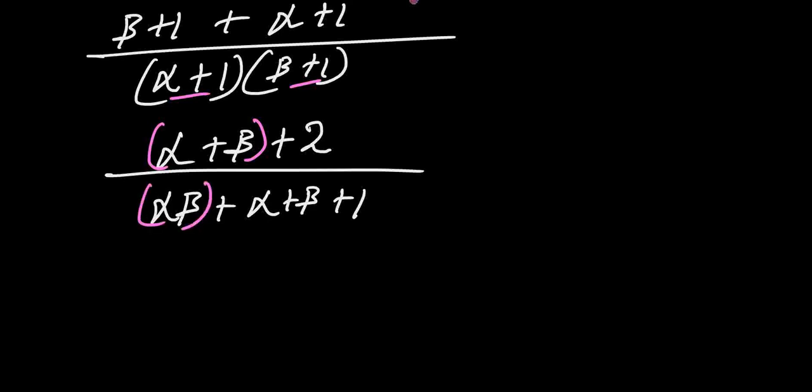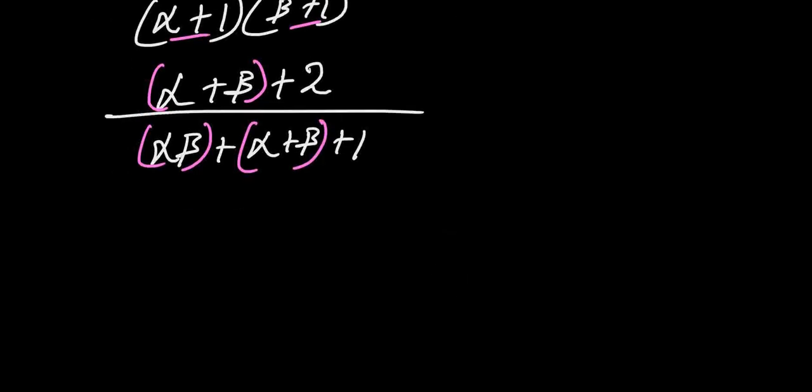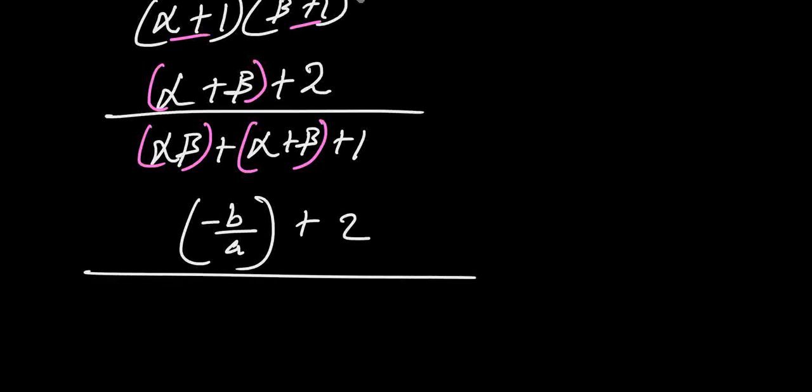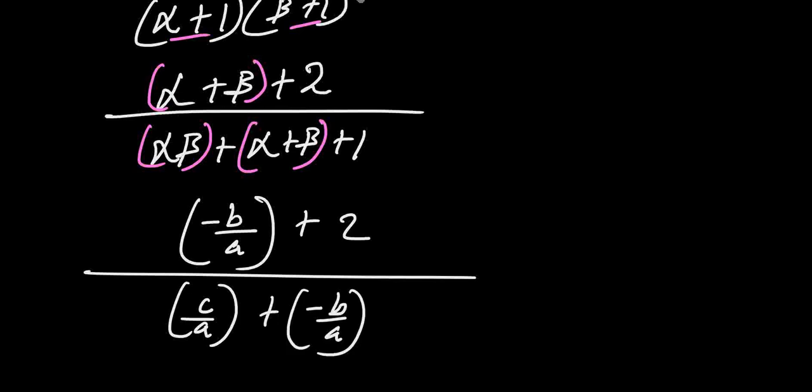This is the product of roots. This is the sum of roots. Sum of roots is simply negative b over a, put it in parentheses, plus 2, over product of roots, which is c over a, put this in parentheses, plus sum of roots, negative b over a, and then plus 1.